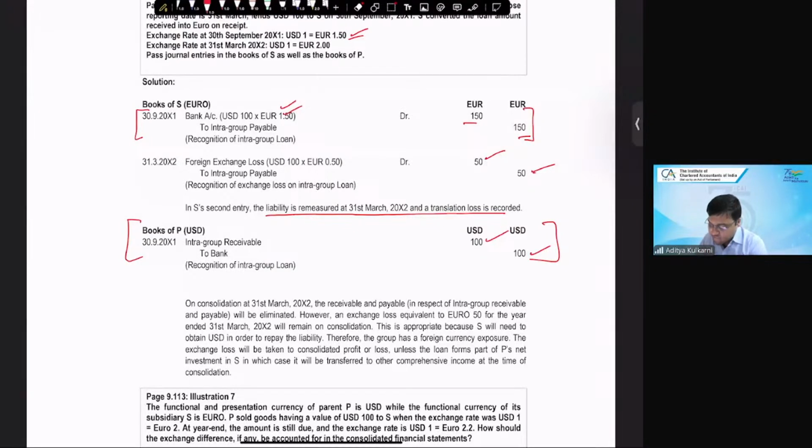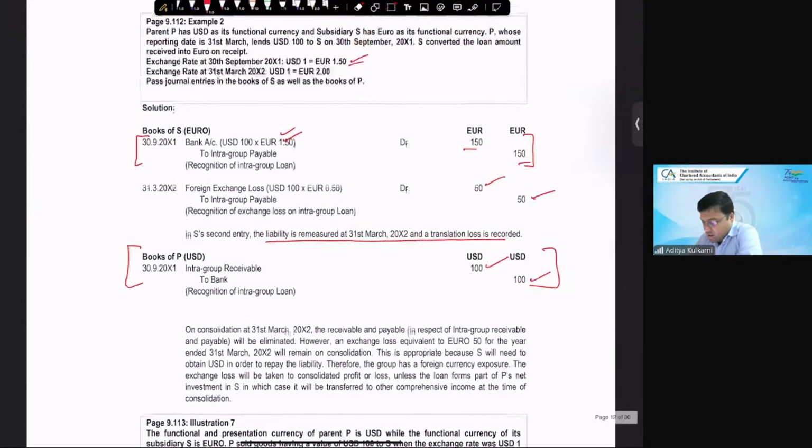Is it okay? Yes, sir. Fine. Okay. Now, will this have any impact on my financials here? In the parent's books, will this have any impact?